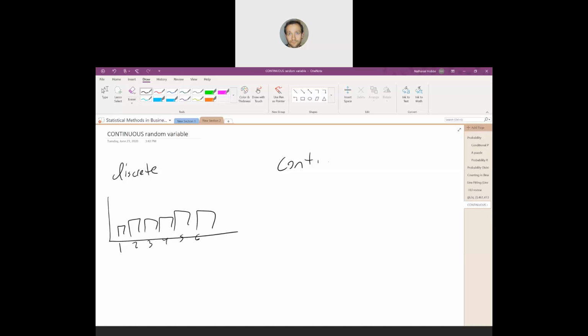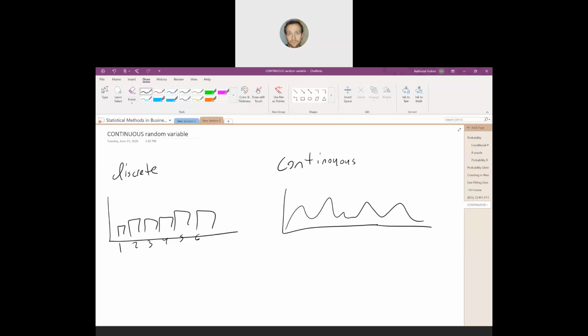Continuous, all right, continuous, smooth. Anything that looks like this is a continuous random variable.